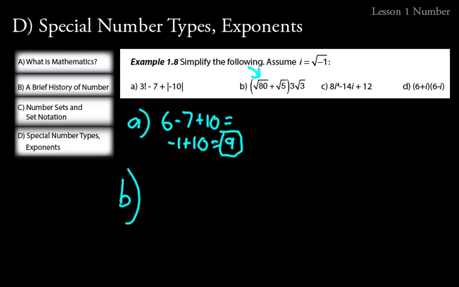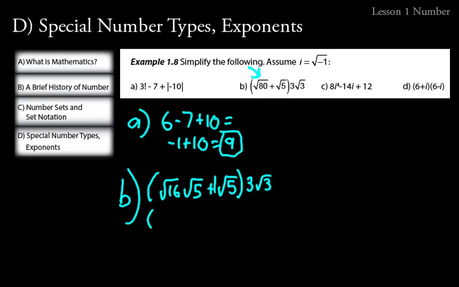So we'll say square root 16 times square root 5 plus the square root of 5, which we can think of as 1 times the square root of 5, right? And then 3 times square root of 3 on the outside. So notice what we're doing on this problem. We're simplifying inside the parentheses first, simplifying that square root down some. Square root of 16 is 4.